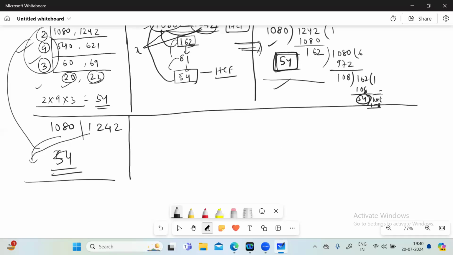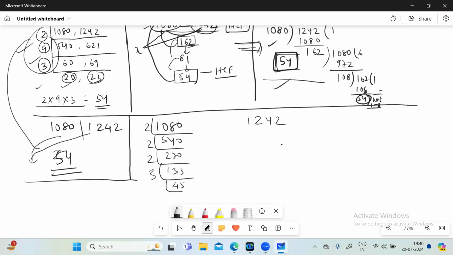There is one more way to find HCF, which is very important. We'll write the prime factorization of both the numbers. So you know how to find factorization. 540, then 2, it will be 270, 2, 135, 3, 45, 3, 15, 3, then 5.